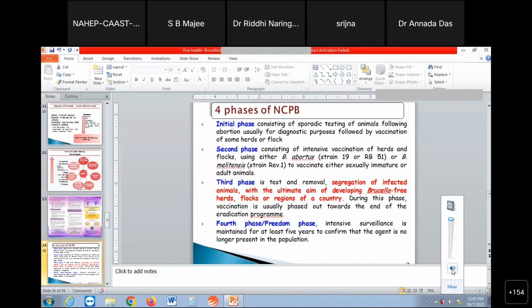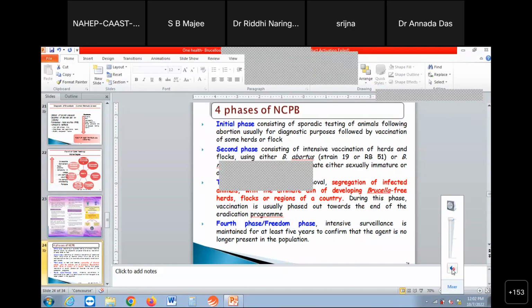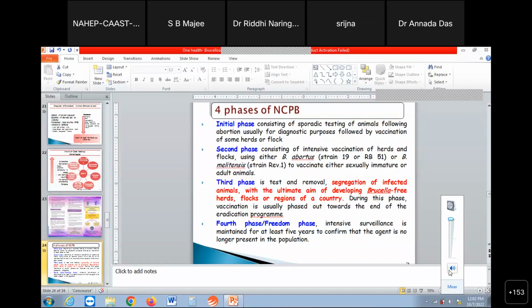The second phase consisted of intensive vaccination. So once the area is tested, we know the number of animals which are positive. So intensive vaccination of the herds using Brucella abortus strain 19 or Rev1. So Rev1 was never used in India simply because of the transmission to humans.